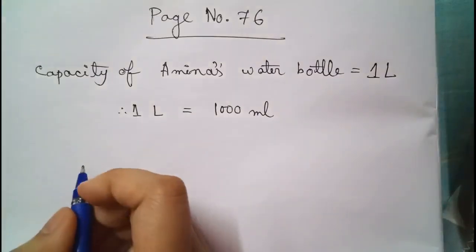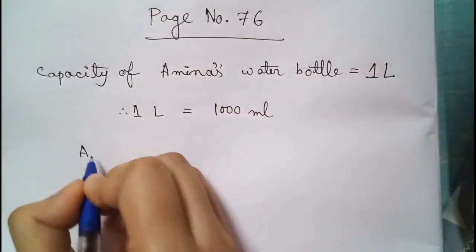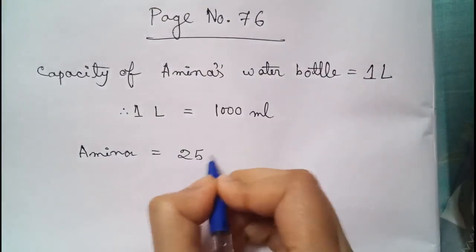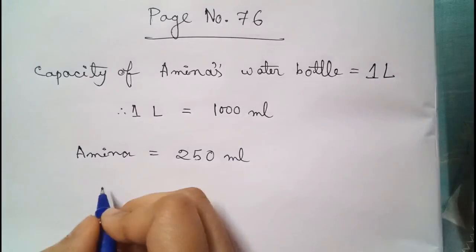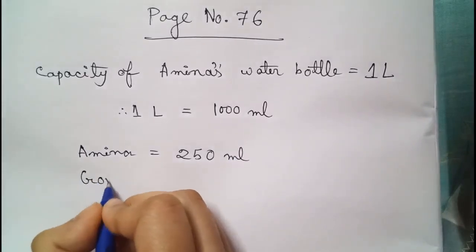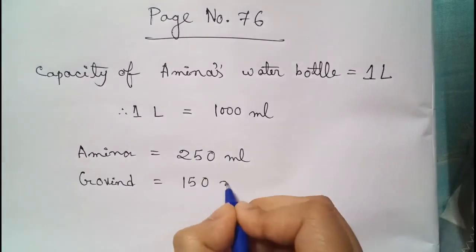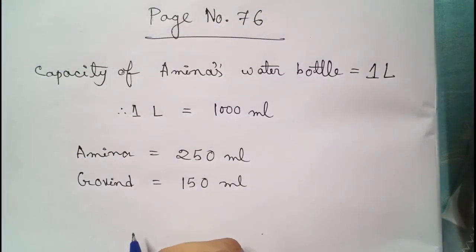So Amina drank 250 milliliter of water and Govind drank 150 milliliter of water, right?